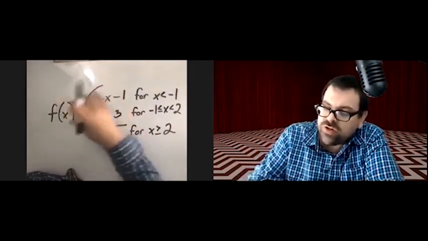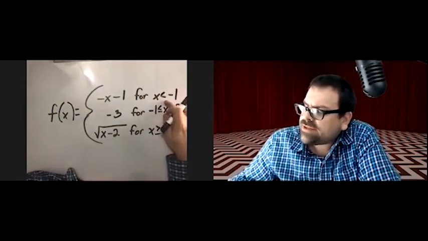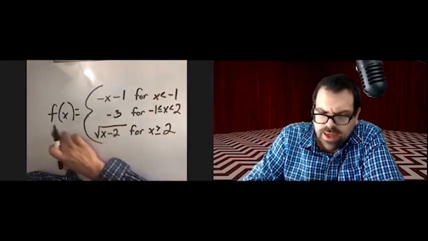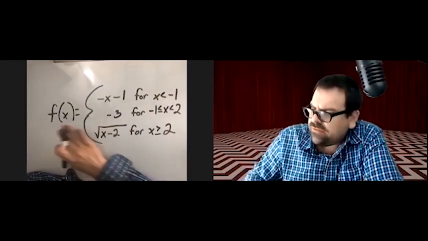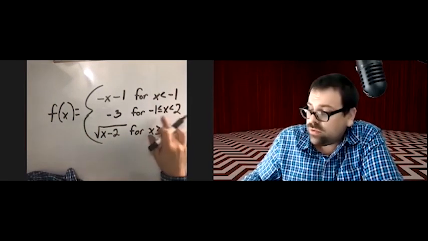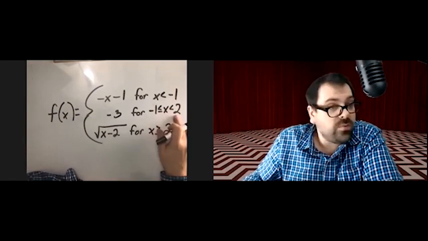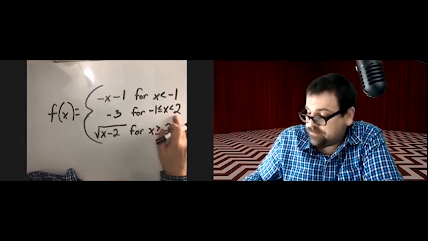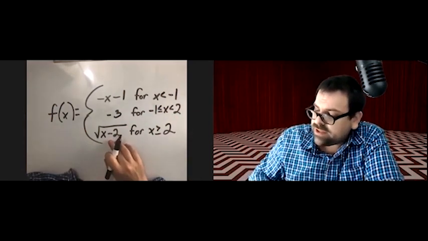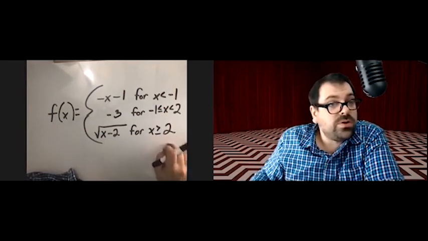So the function is equal to -x minus 1 for all x less than -1. And the function is equal to -3 for all x between -1 and 2, equal to -1, but not equal to 2. And f of x equals the square root of x minus 2 for x greater than or equal to 2.